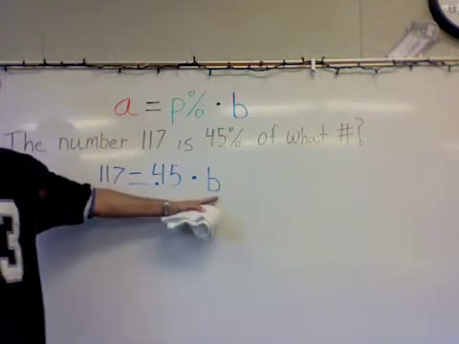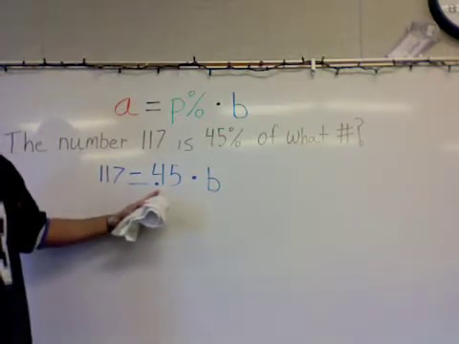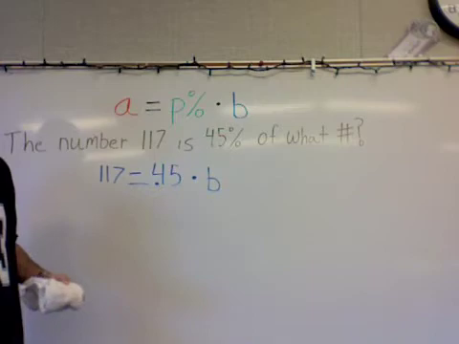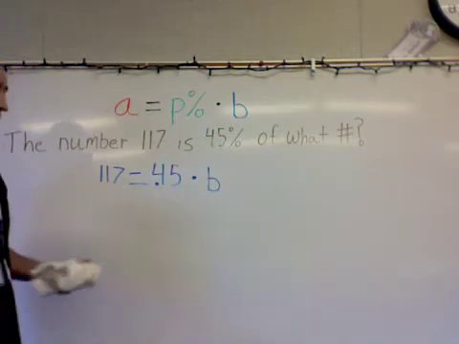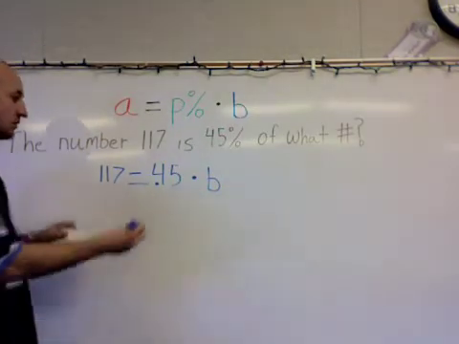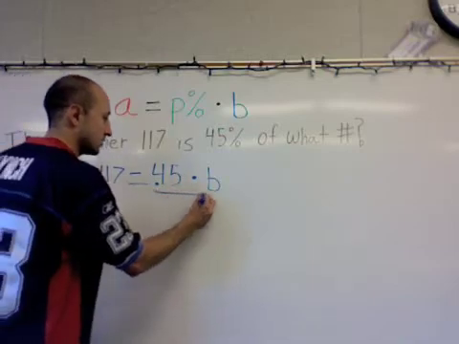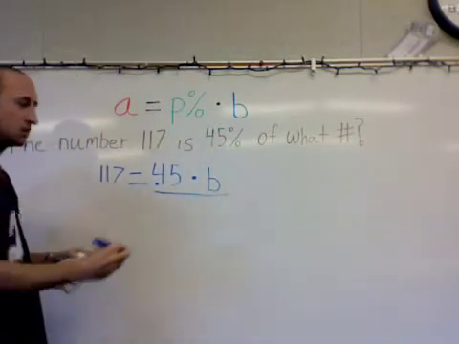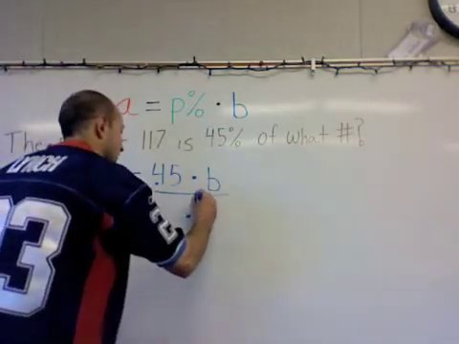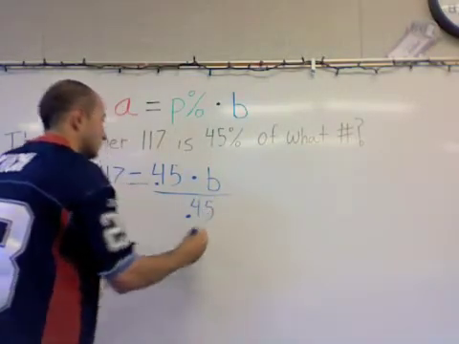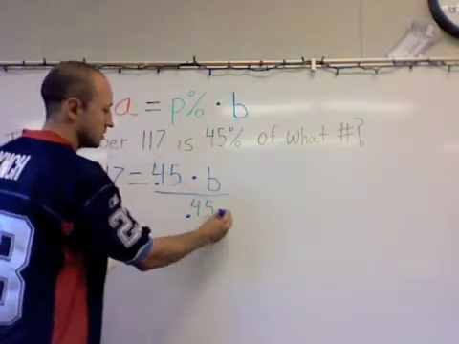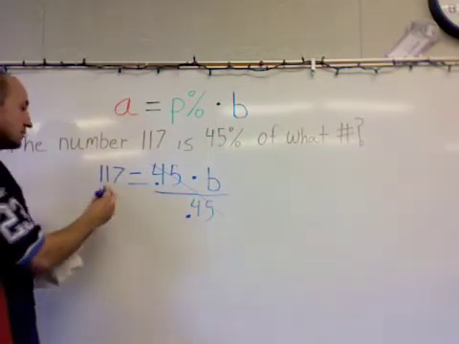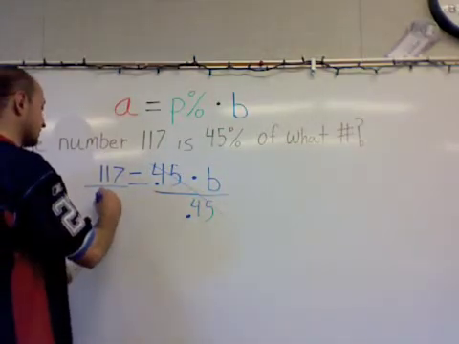And now since I have this variable b times 45/100ths, what I want to actually do is use algebra to get the b all by itself. So what we have to do to get rid of that is divide both sides by 45/100ths. Now they're going to cancel out, but whatever we do to one side, we have to do to the other.